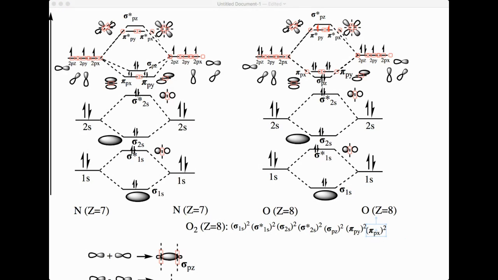Whenever we have elements with an atomic number of 8 or larger, then we have pi antibonding.